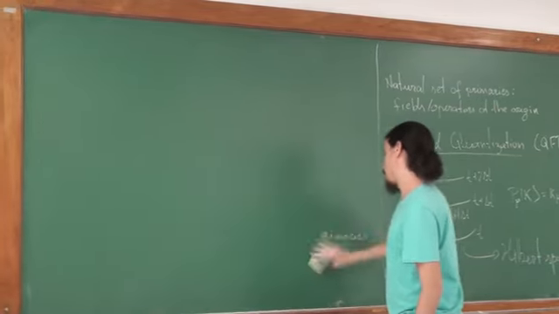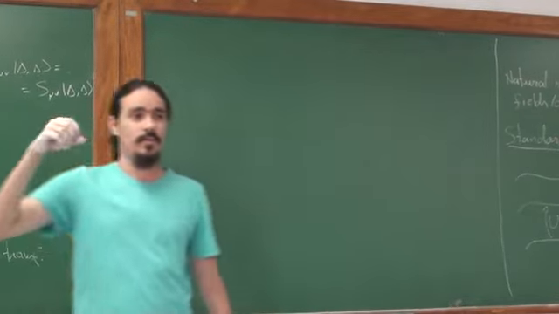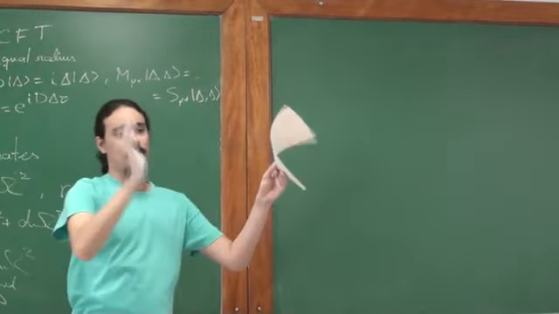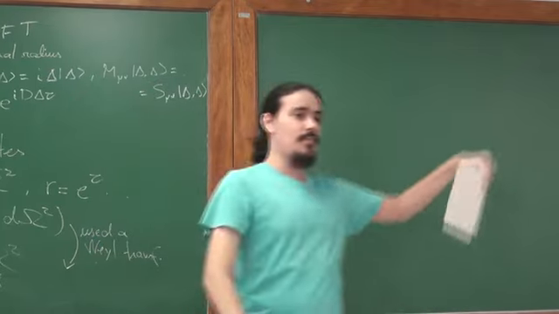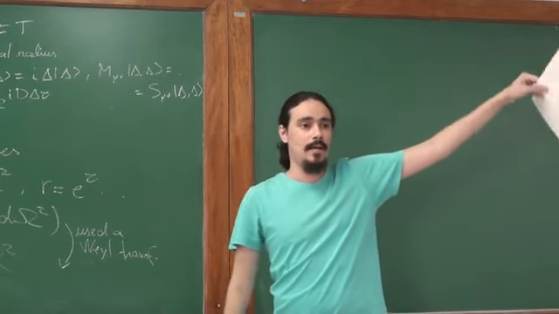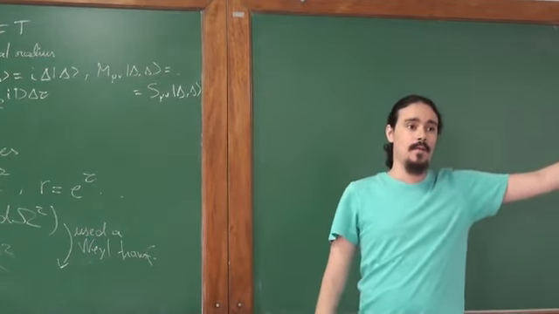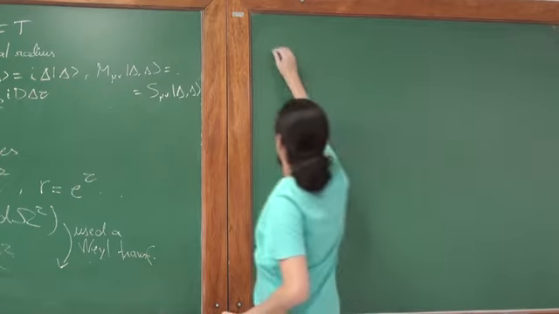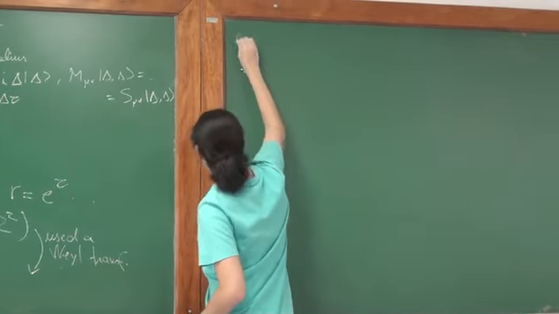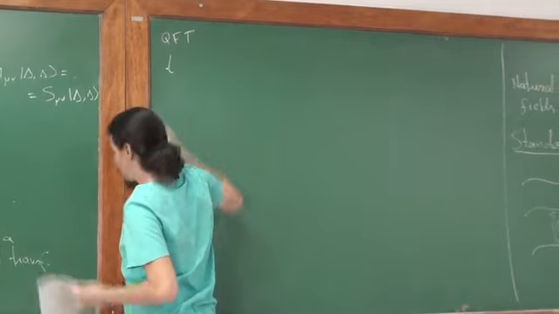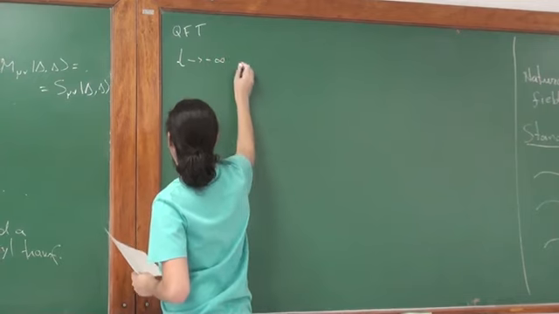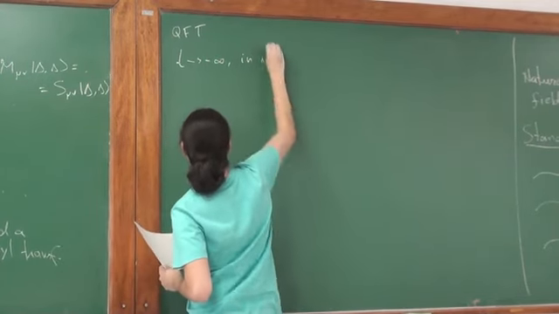Because remember, in a standard quantum field theory, we start from in states that are inserted at time equals minus infinity, and then they evolve, they interact, and we end up with some states in the far future at t going to plus infinity. Again, in standard quantum field theory, at t going to minus infinity we have what we call the in states.